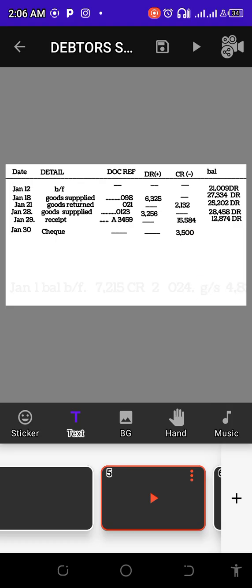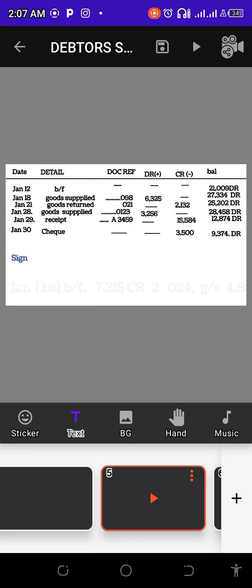And when you reduce 3,500 from the 12,874 debit balance, what you will have is 9,374 debit. And that is the outstanding balance that XYZ and Co is owing to Don Zion and Son.